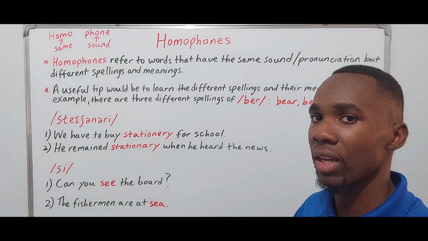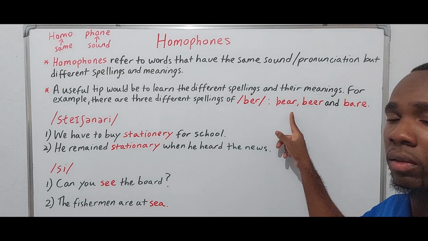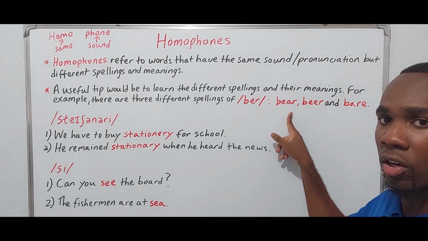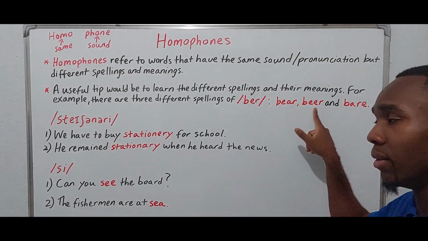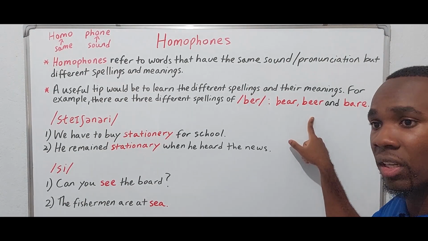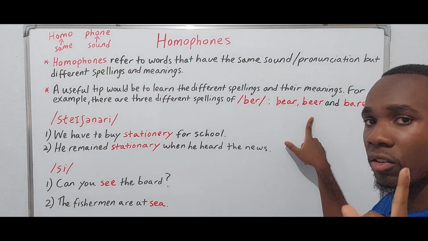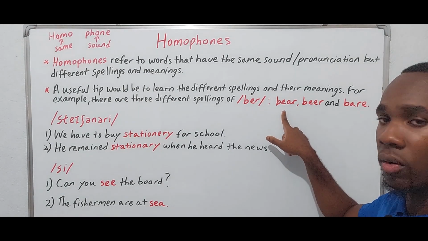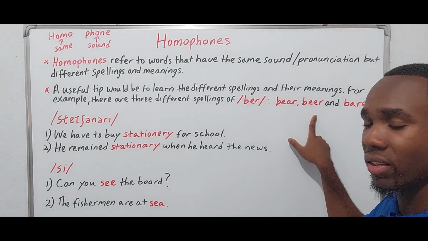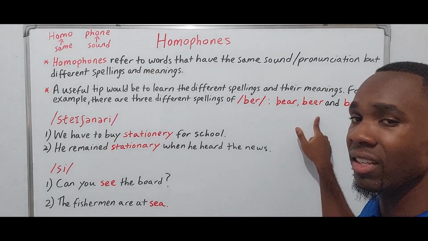But like I said, you can't universally apply that because here, BEAR, that could be a verb or a noun. But let's say we're speaking about it as a noun. The second one, BEER, can also be a noun as well. So that's why I told you it can't be applied across the board, because BEAR is a noun and BEER is a noun. So when I say I saw a bear yesterday, I could actually be referring to either one of these.